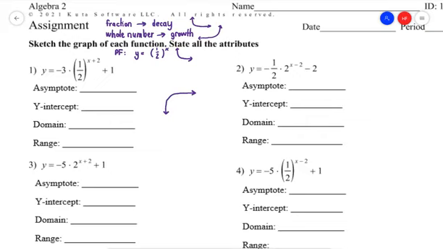So the parent function has an asymptote at y equals 0. And we have this transformation of +1, which means we're moving the graph up 1. So my new asymptote will be at y equals 1.